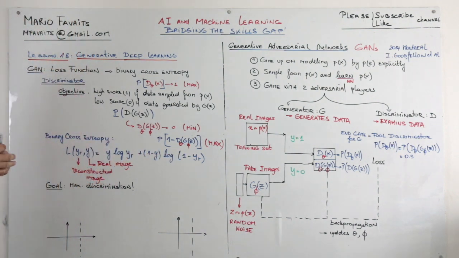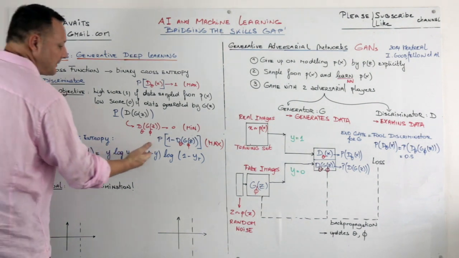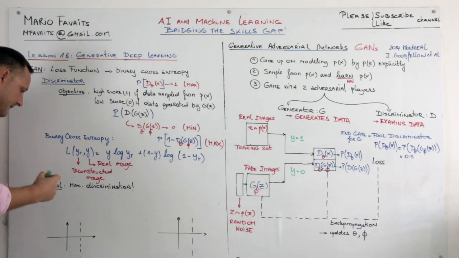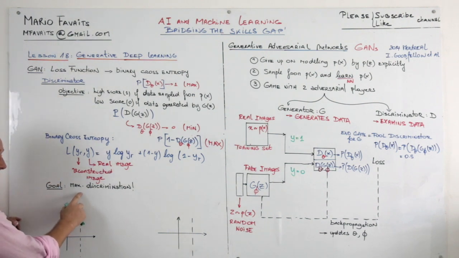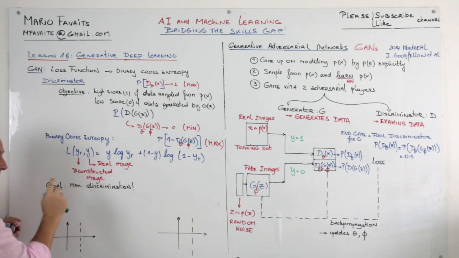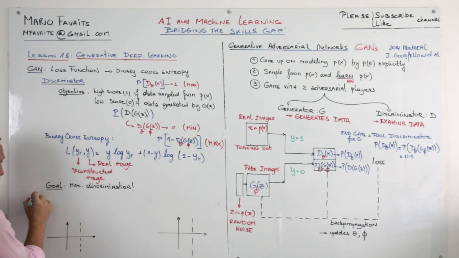We've seen this formula a few times already in this course, so I'm not going to explain how we get to that. But what is interesting is that a discriminator wants to maximize discrimination. So if we have the situation where y is equal to 1, y is equal to 1 means that the image is a real image.